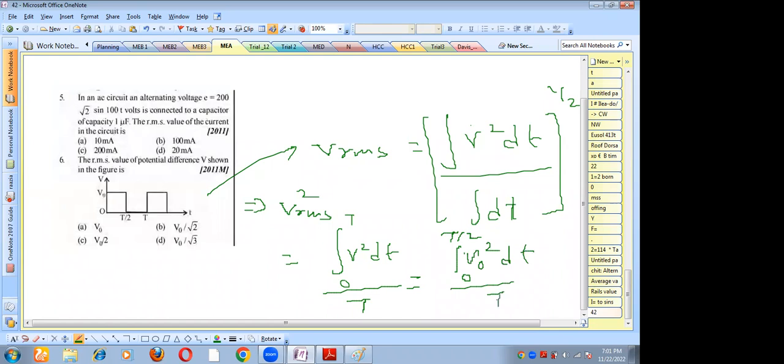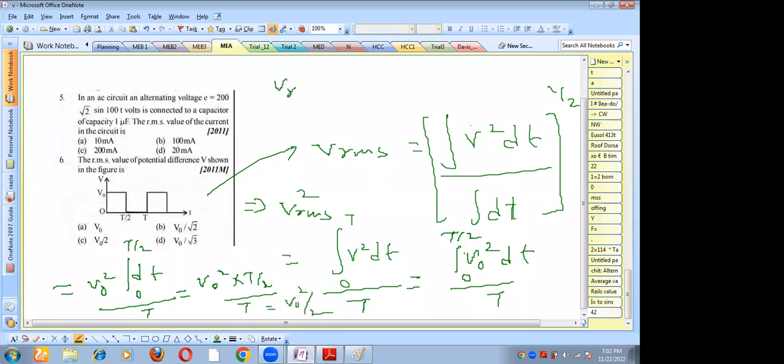So we get V naught square times T/2, divided by T, so we get V naught square by 2. So we got VRMS square equal to V naught square by 2.